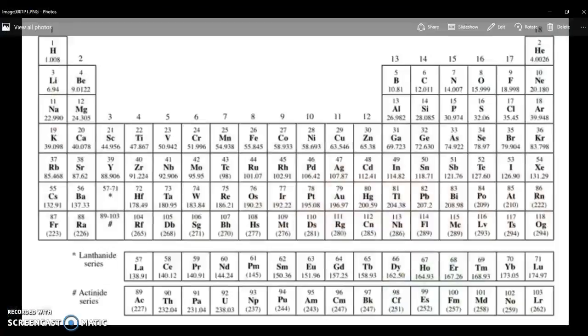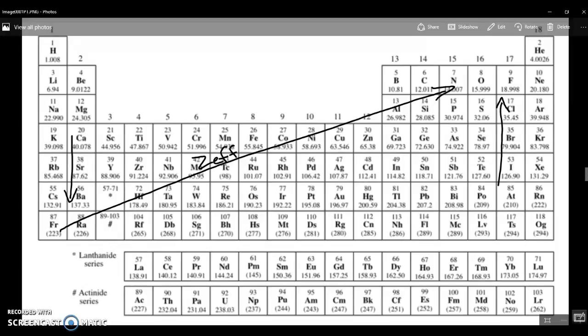So if we have a periodic table, in this direction is the direction of the nuclear charge. Here is where it's lowest, and here is where it's highest.